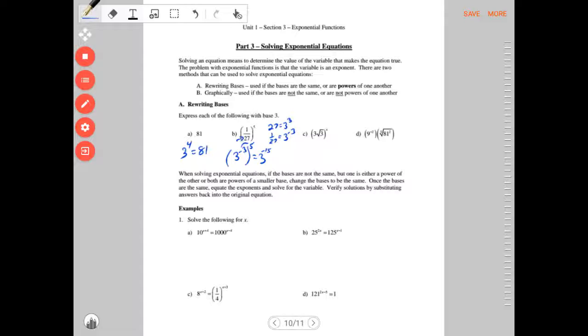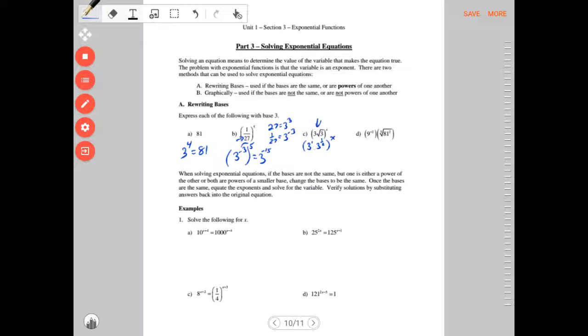Okay, so then this next one is 3 root 3 to the x. Okay, so both of these pieces are powers of 3. So 3 is 3 to the 1. Now root 3, you'll remember, is 3 to the half, to the x.